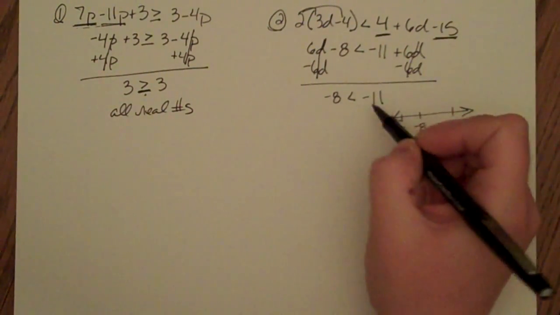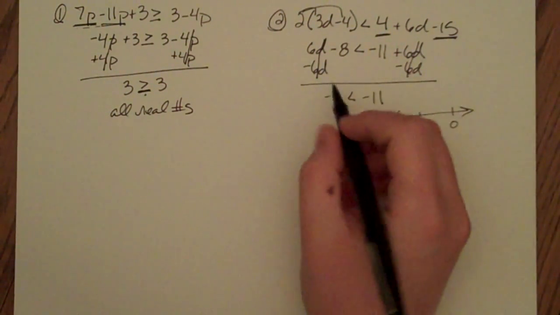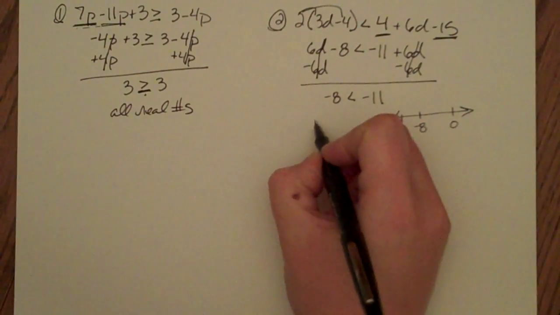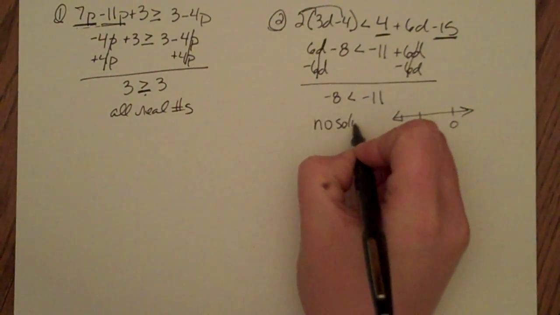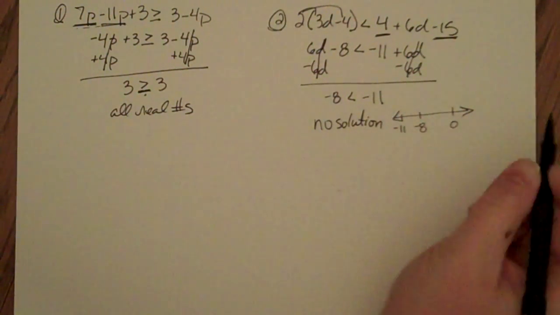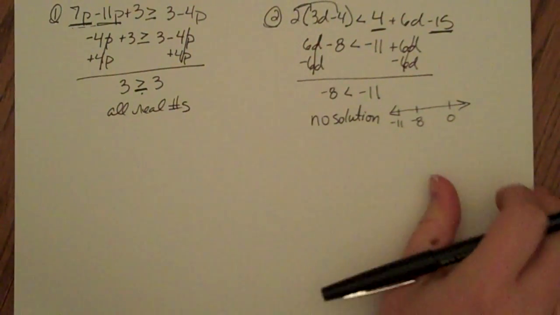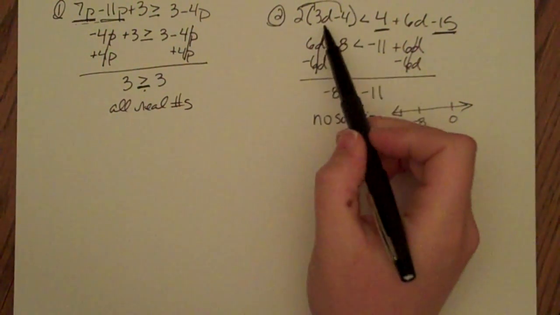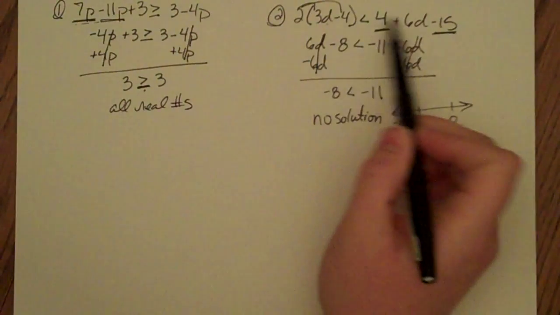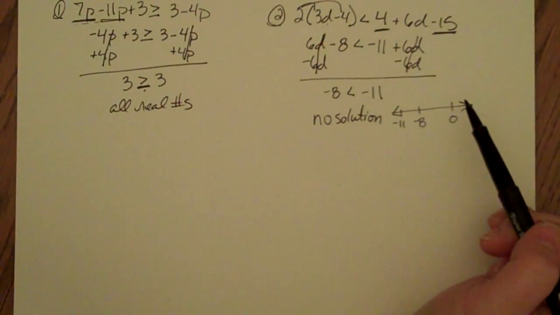So this would be a false statement, meaning that our solution then is no solution. Meaning that there is not a number that we could pick that we could substitute in for d in the original inequality and get a correct or true statement.